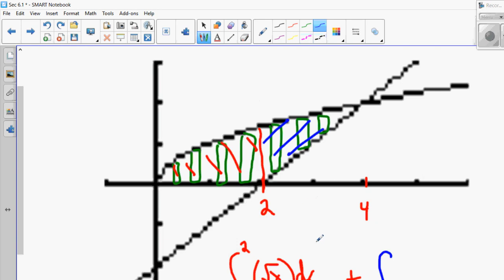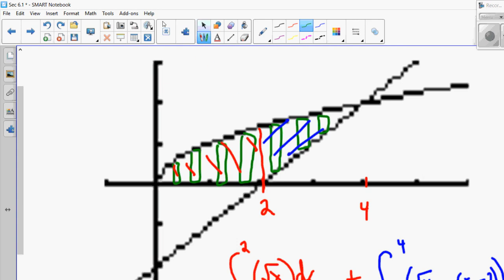So this integral from 2 to 4 is going to be the square root of x minus the line x minus 2, like that. And if you put those into the calculator, you get 3.33. If you want to check, this first part should be 1.8856, and the second part is 1.4477.